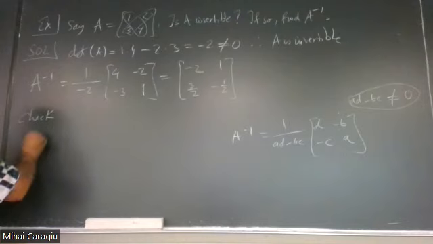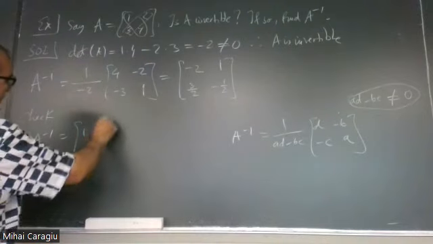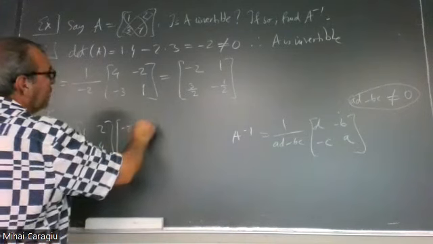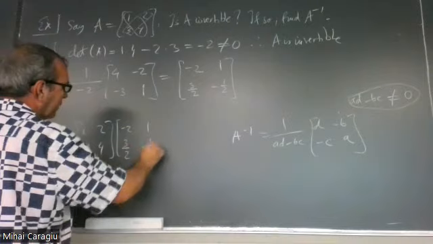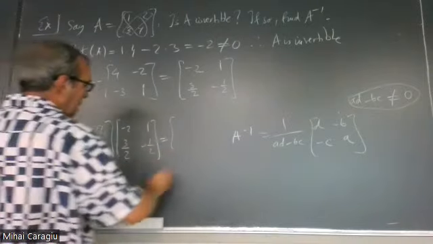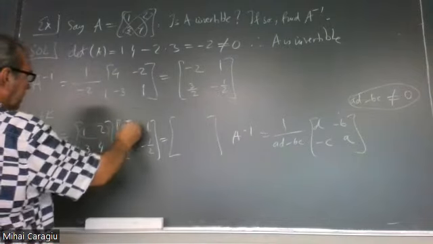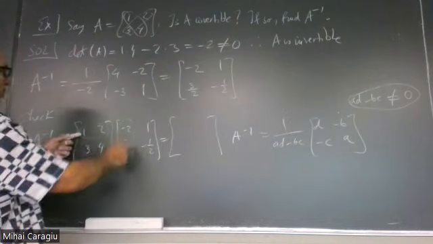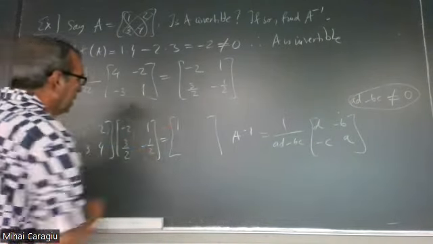What will be A times A inverse? A was 1, 2, 3, 4. A inverse, according to our algorithm, is minus 2, 1, 3/2, and minus 1/2. What do we get here? First entry: minus 2 plus 3/2 times 2, which is 3, so 3 minus 2 is 1.